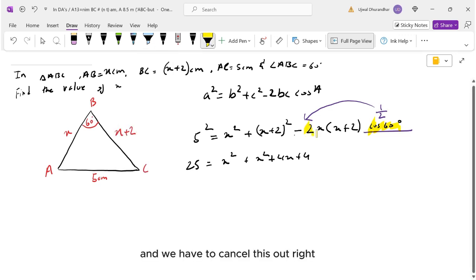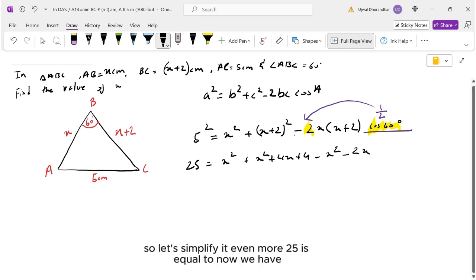When you multiply half into 2, you'll get 1 itself. So x squared minus 2x. Okay, so let's simplify it even more.